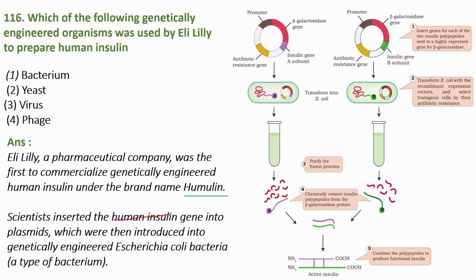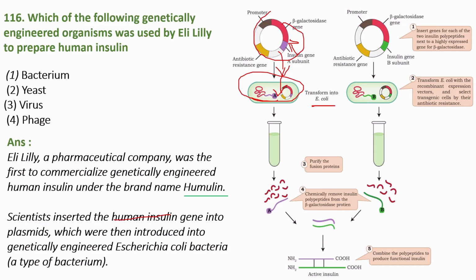This human insulin subunit is introduced into a plasmid of a bacteria. The bacteria they have taken is the E. coli bacteria. They introduced this insulin into this plasmid, and then inserted this plasmid into the E. coli bacteria.